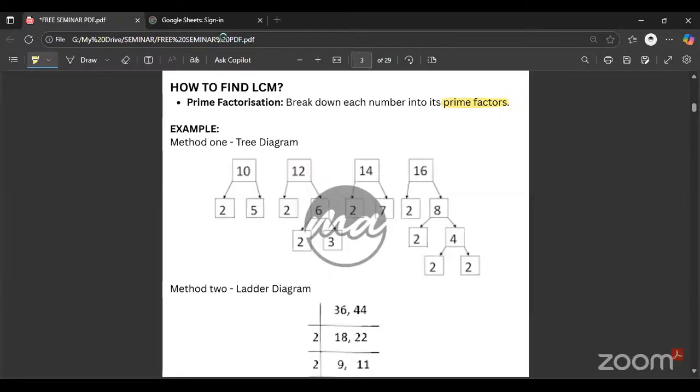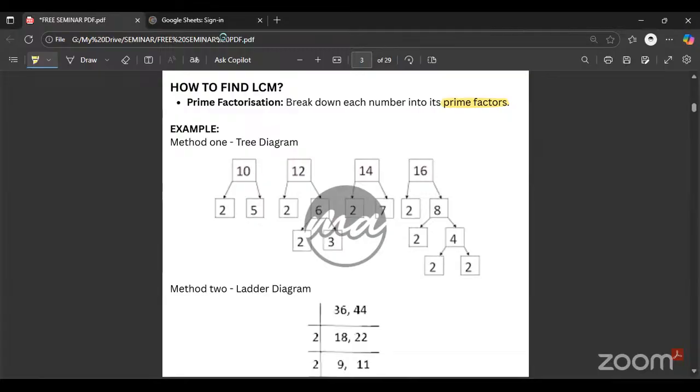Do you all know what a prime factor is? Anyone here? Or a prime number? Come on, you can unmute yourself and speak.